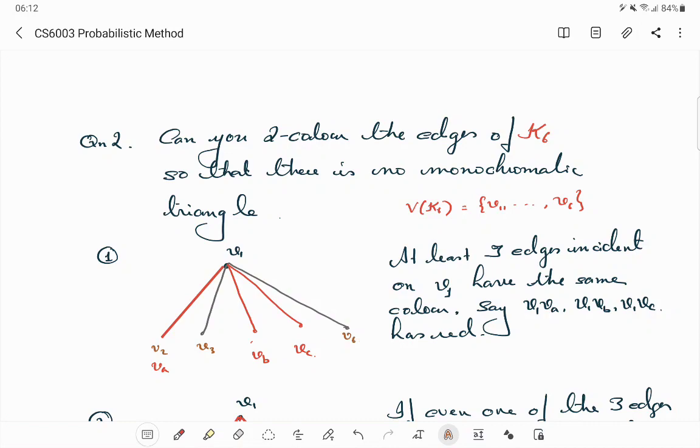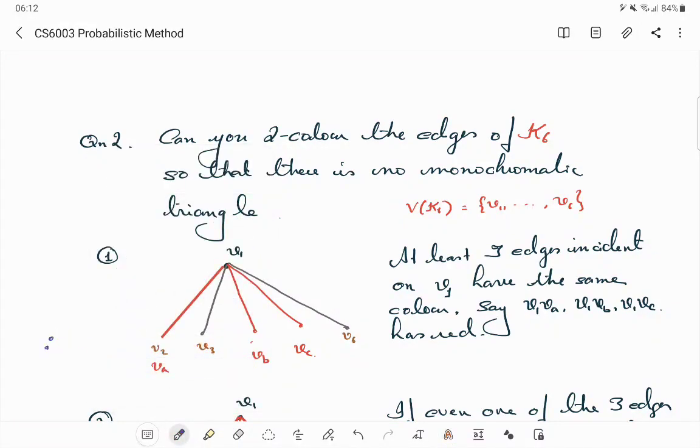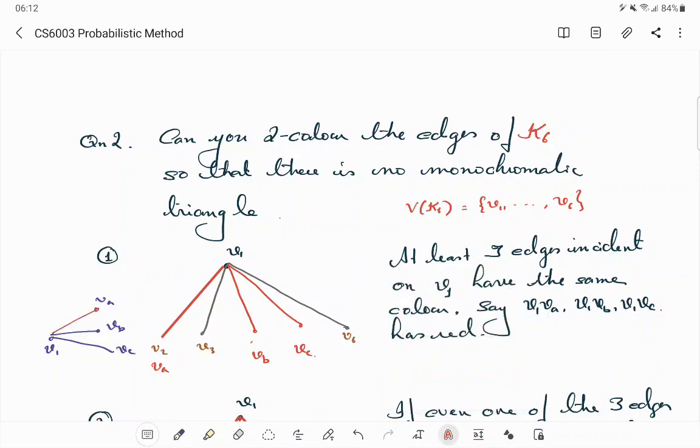The graph that you are considering only has 4 vertices: V1, VA, VB and VC, and these 3 edges we know are red. There are 3 more edges to consider, this, this and this. As of now we do not know what their color is.